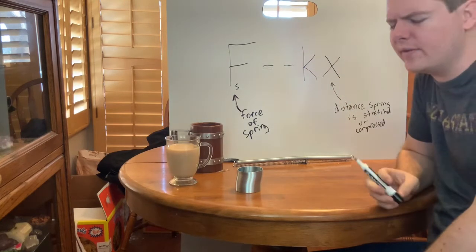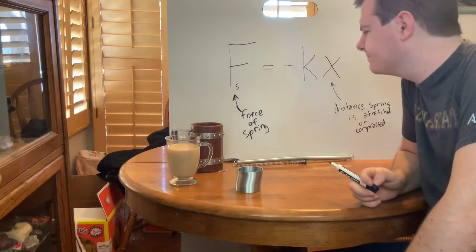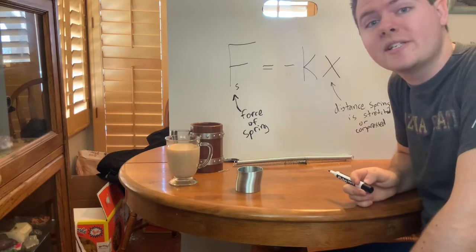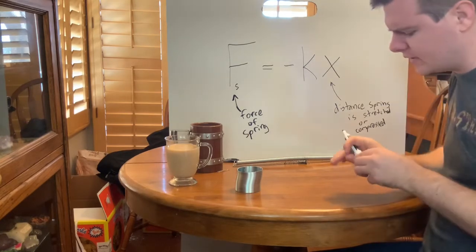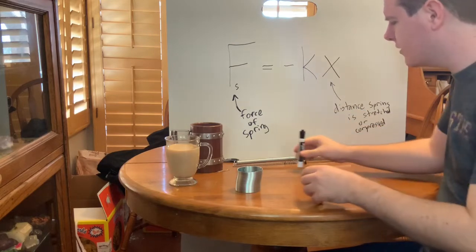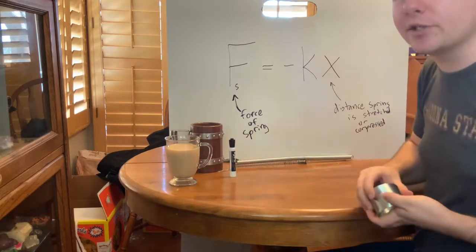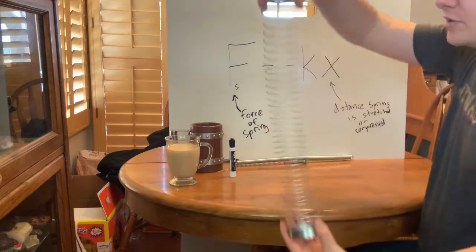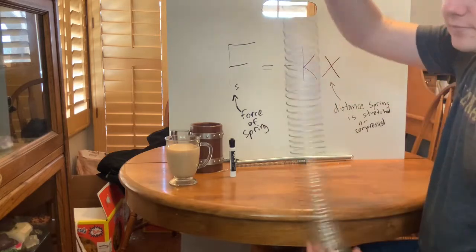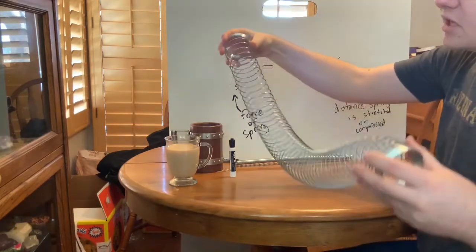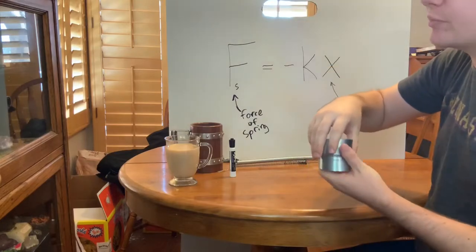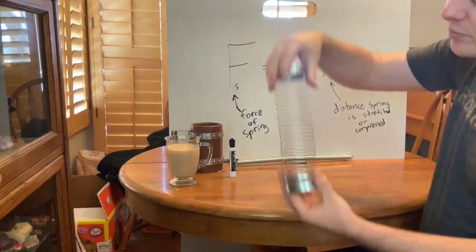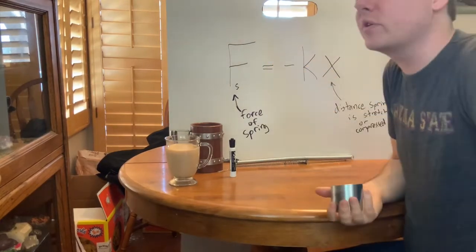K, what is K? We haven't really seen K before, have we? Well, we call it the spring constant. And what that basically is, it describes how springy a spring is. So something like this has a very low K, a low spring constant, because it's not very springy. What do I mean by springy?